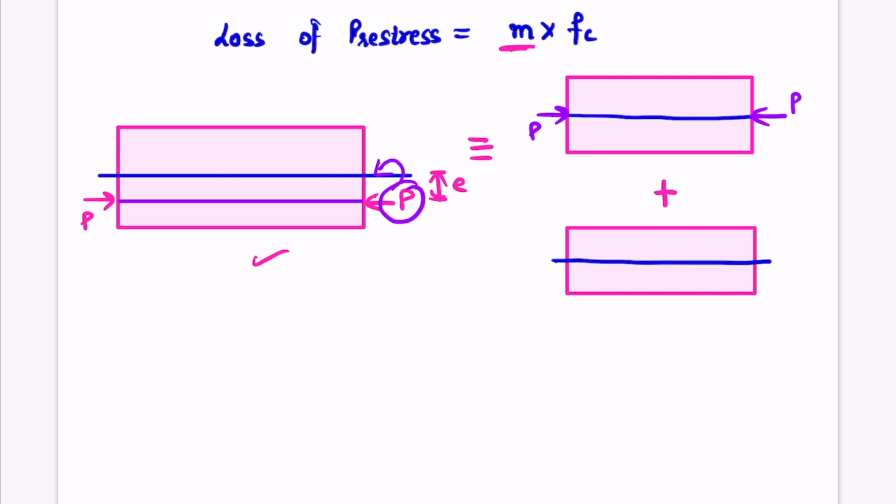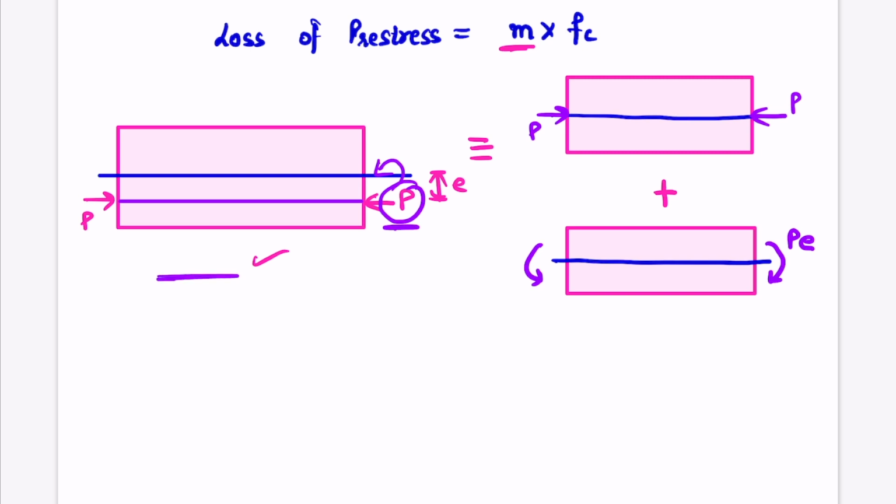A moment will be generated due to this shifting, and since we have shifted the load from the downward direction, the arrow will be like this. The magnitude of this moment will be P times e, that is the force which we have shifted multiplied by the distance by which we have shifted the load.